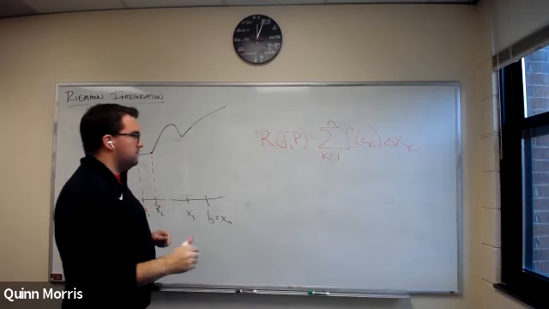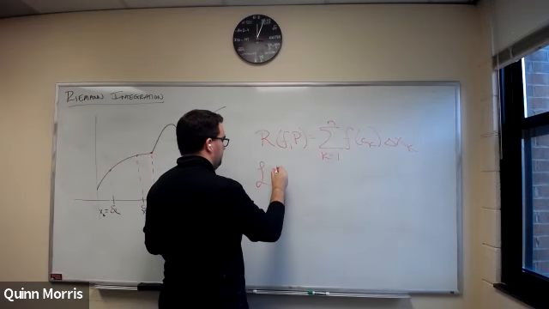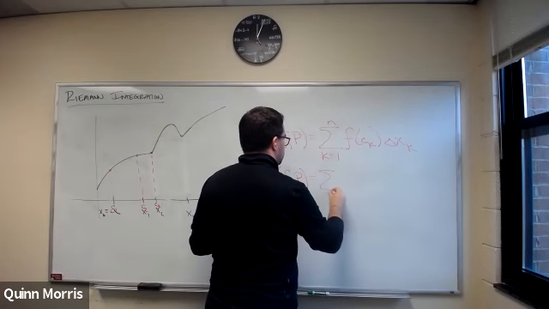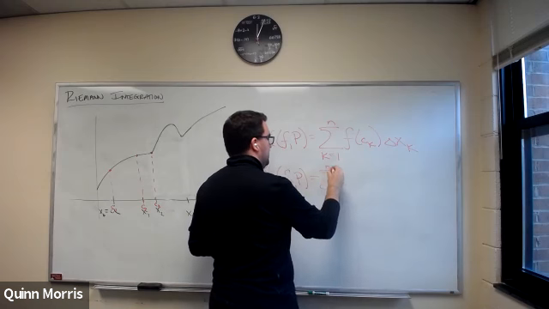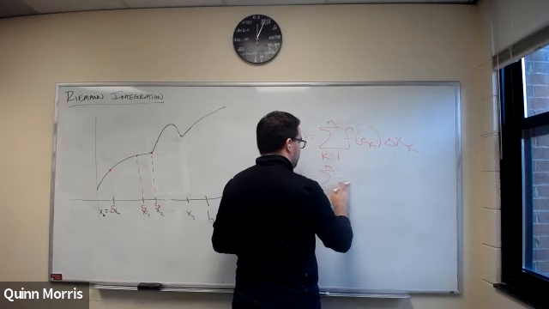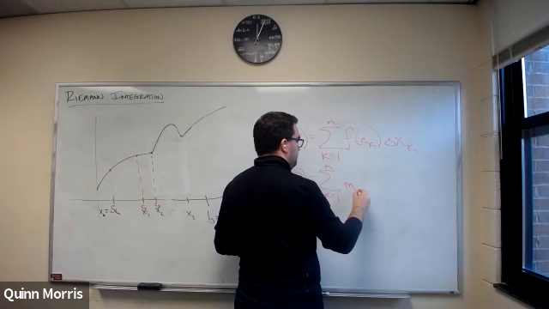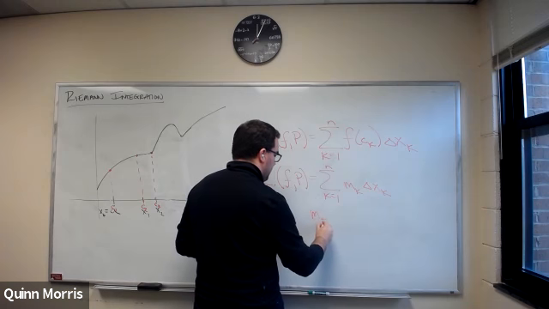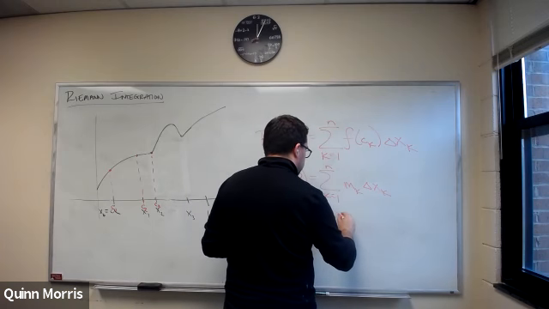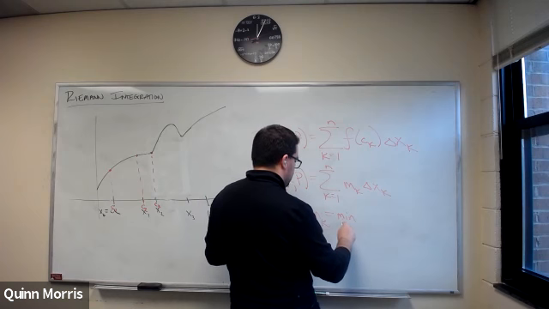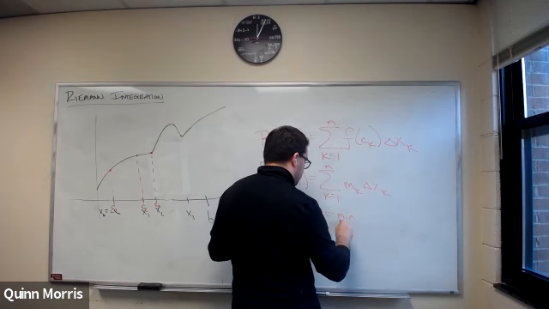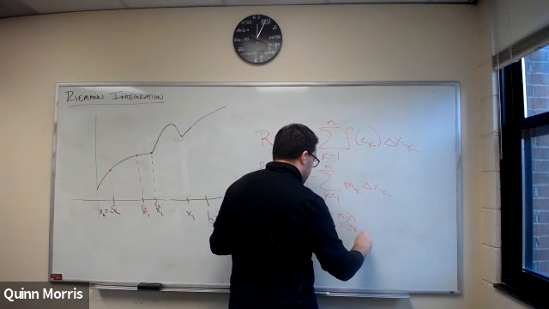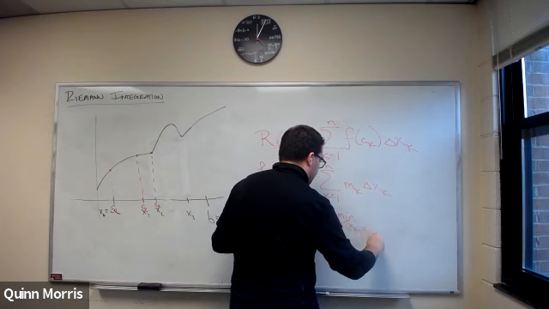Okay. So I'm going to define this lower sum to be just the sum k equals 1 to n of little m sub k times delta x sub k, where little m sub k is just the minimum value of f of x on the interval x sub k minus 1 to x sub k.